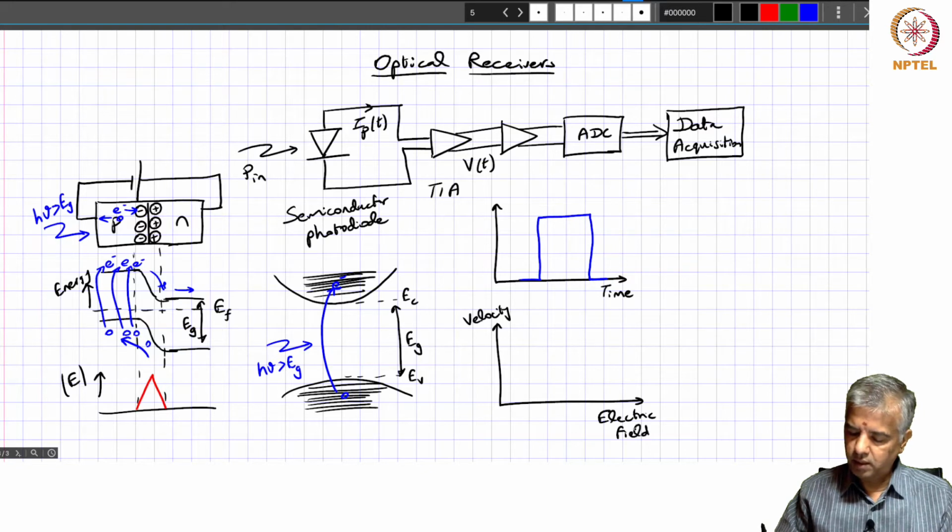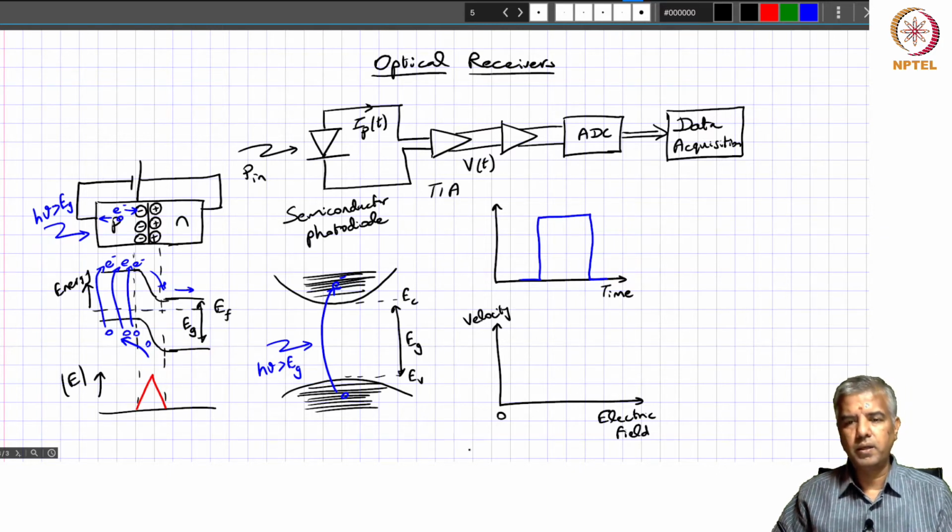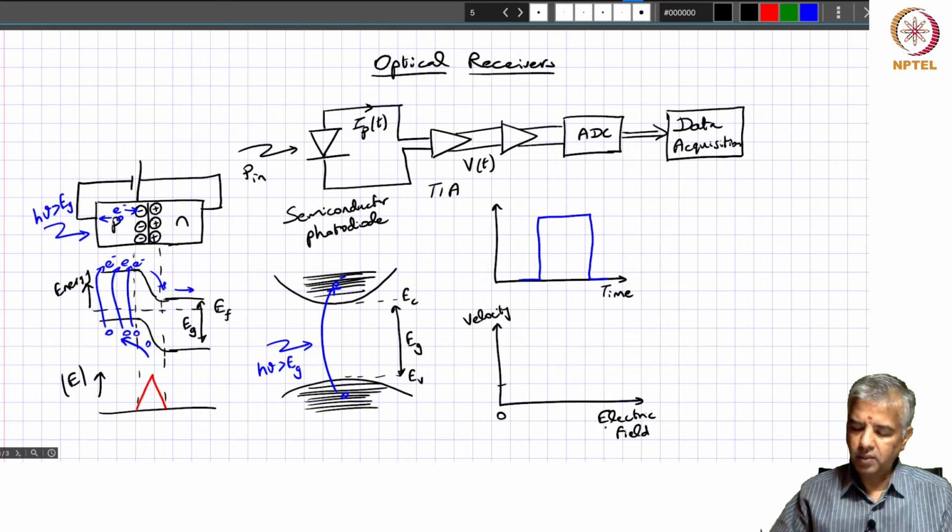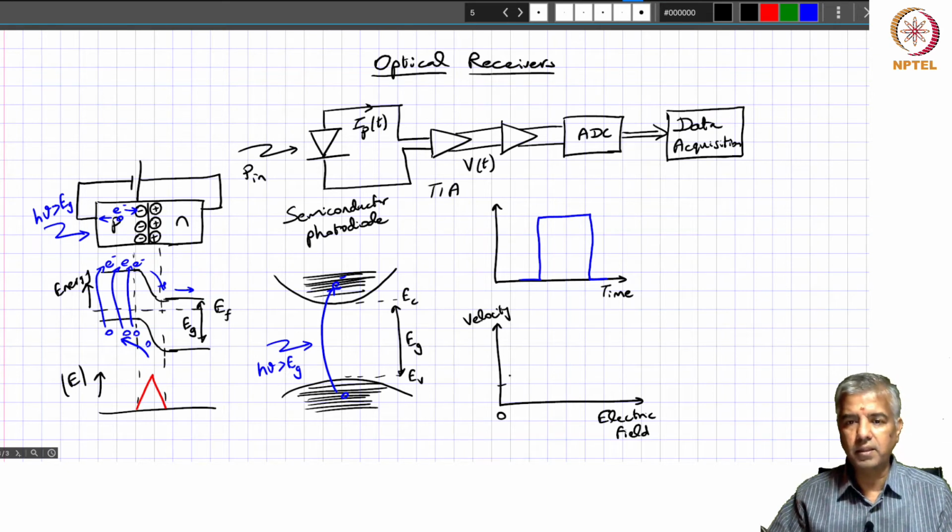If you consider the electric field across the structure, if the field is quite low, the velocity here would correspond to a certain level, and as you increase the electric field, you will see that the carriers are accelerated across the structures.